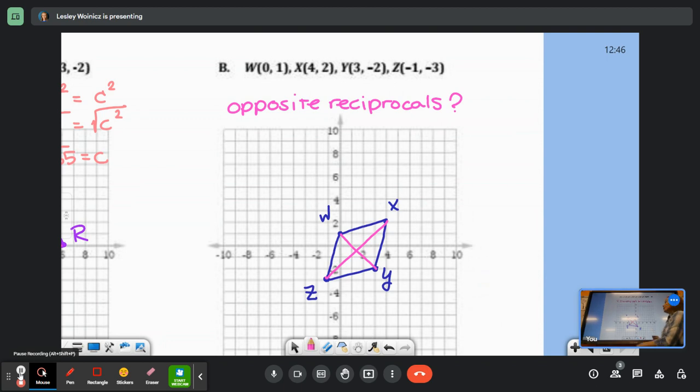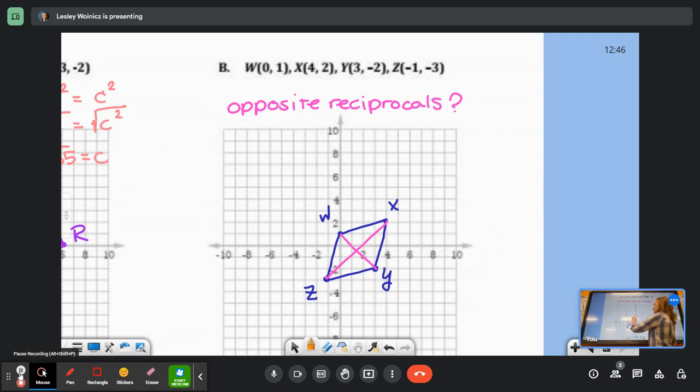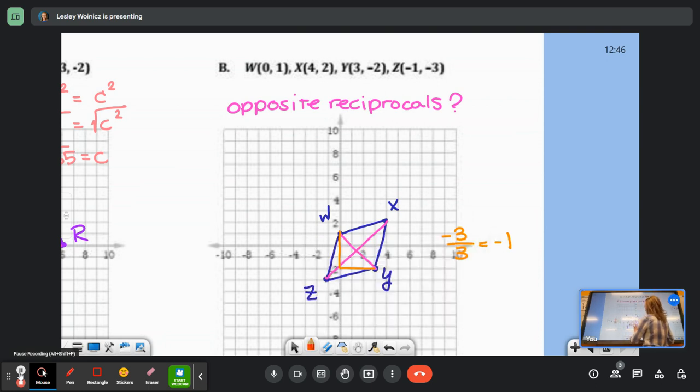Okay, so let's find some slopes, right? Going from W to Y, it looks like I'm going down 3, right 3. Down 3, right 3, that is negative 1 for that slope. And for my other one, it looks like I'm going up 5 and right 5.